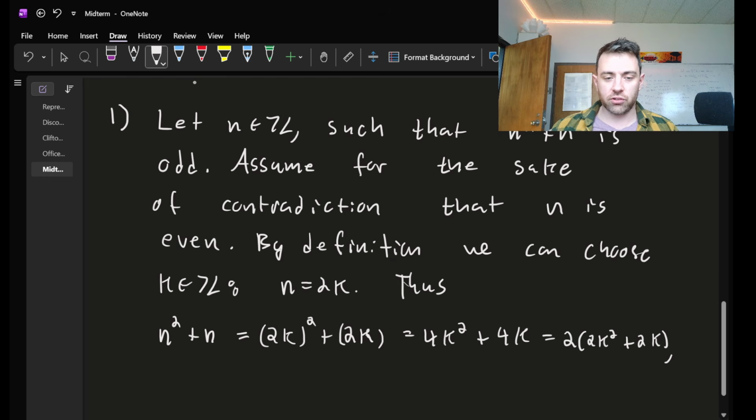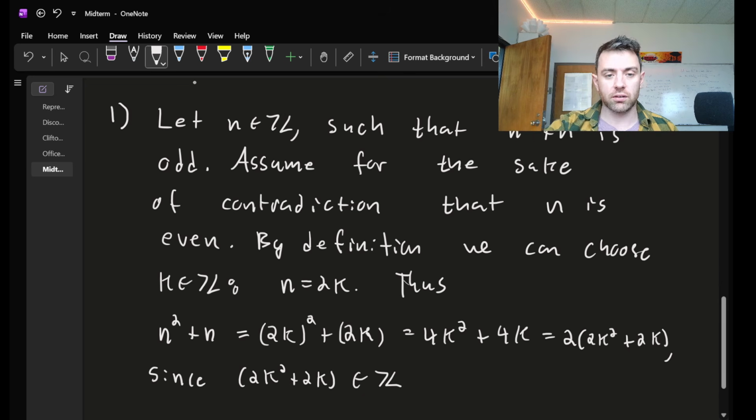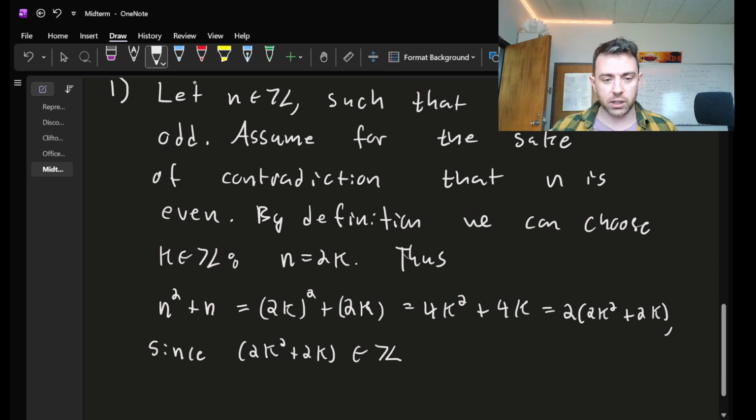So now we see the problem, right? And this means that n squared plus n is even. Why? Well, again, I want to exactly pattern match the definition of even. So I say since, but notice I don't have to repeat the definition of being even verbatim. Since this is an integer, n squared plus n is even, which contradicts.